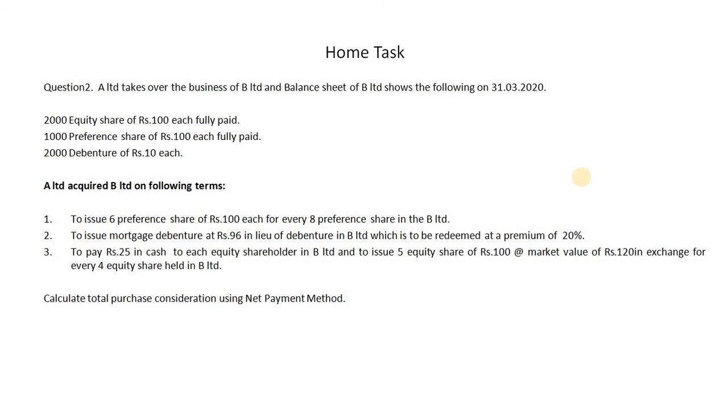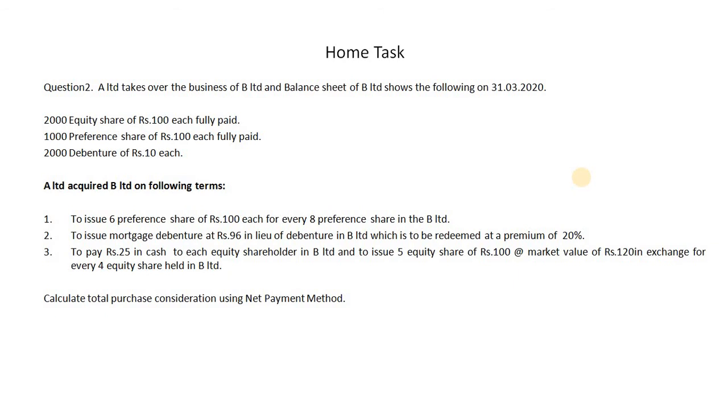So same method as in the case of preference share will be applied. So first we have to find out how many equity shares are there in B Limited. I can see 2000, right? First divide 2000 by 4, and then you have to multiply that by 5. Then multiply that with the 120, because we have to record equity shares value whichever is higher, right?